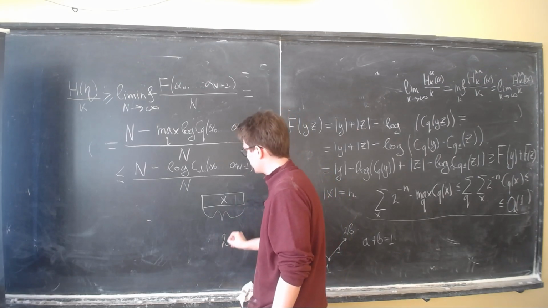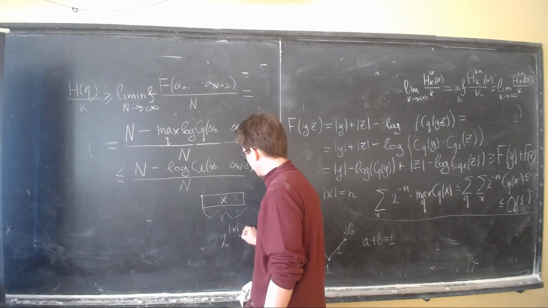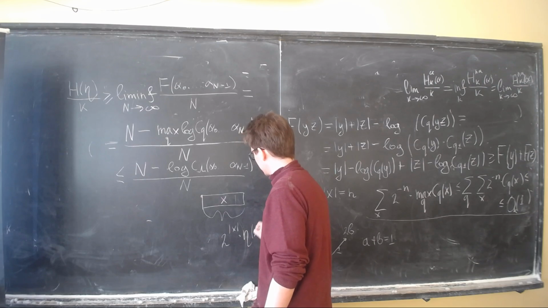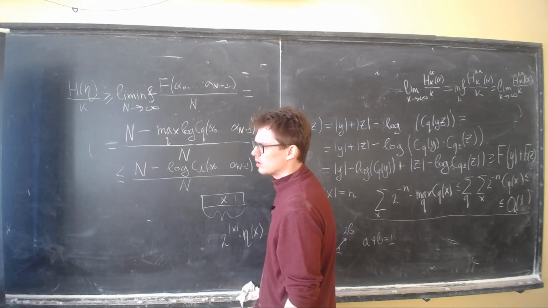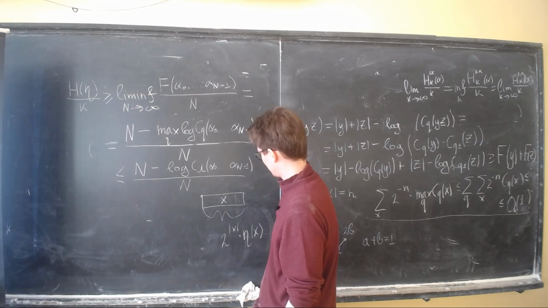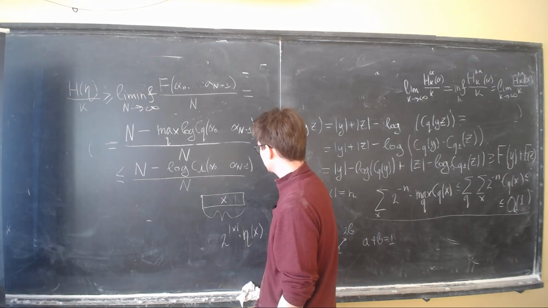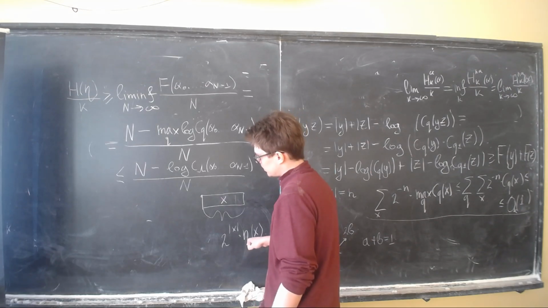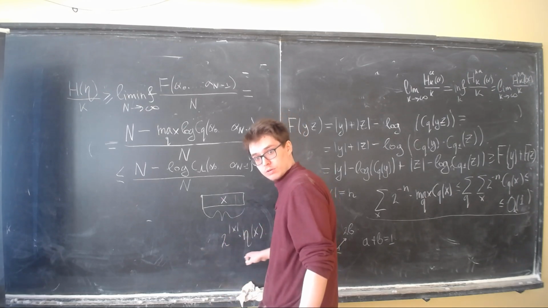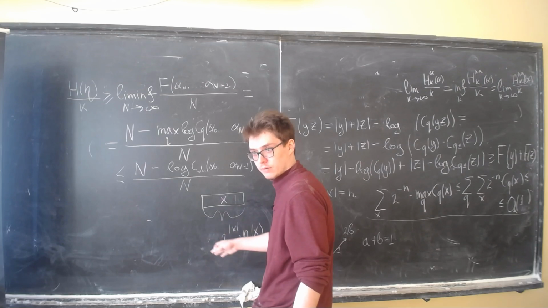And I also obtain 2 to the length of x multiplied by eta of x. And the whole capital will be the product over all blocks I have in my sequence.